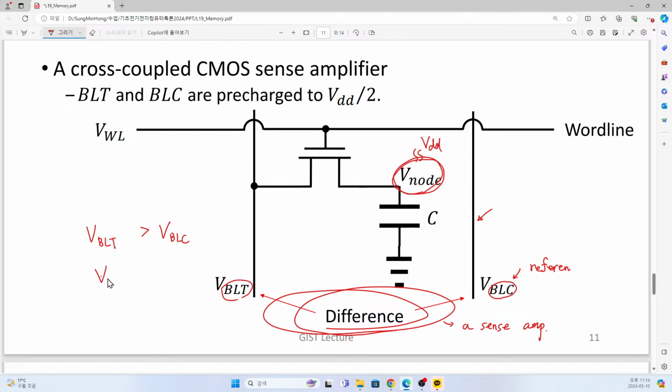And if BLT voltage is lower than our reference voltage, then maybe we can say that the original value stored in the capacitor was just 0 volt. That small change is sensed by this sense amplifier. So by using the detected difference, we can determine whether this is 0 or 1.